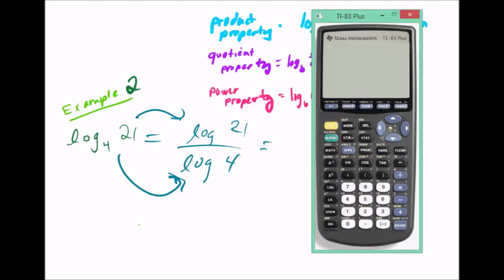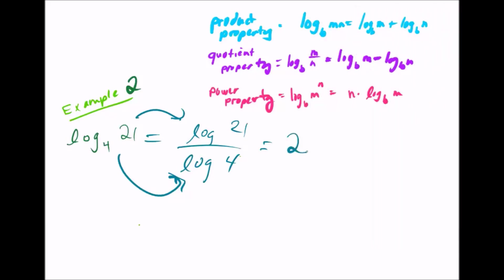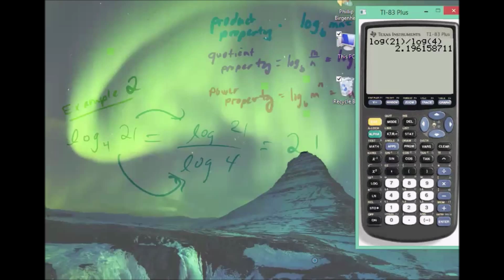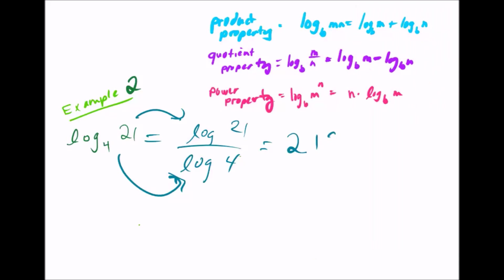Log 21 divided by log 4, and we get the same exact answer, 2.196, as when we expanded it out as log base 4 of 3 times 7 and plugged in numbers. The change of base formula is going to be very useful: log of the first number divided by log of the second number, plugged into your calculator.